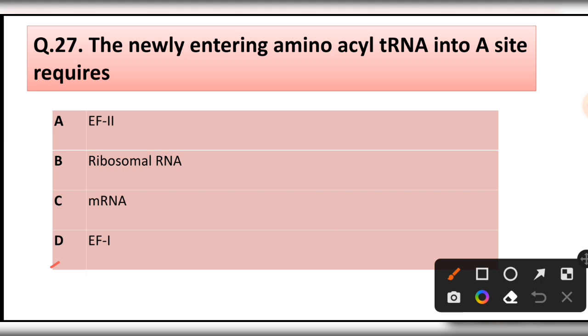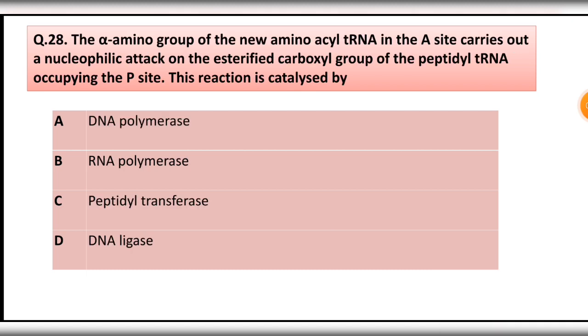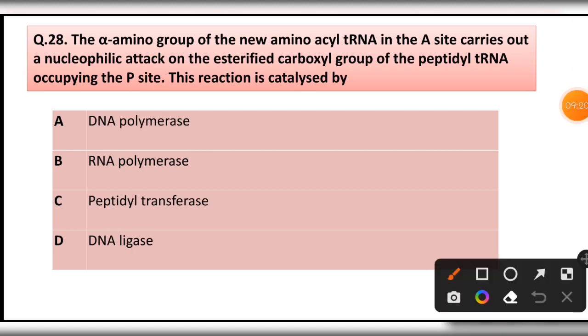Correct answer is option D, elongation factor 1. 28. The alpha amino group of new amino acid tRNA in the A site carries out a nucleophilic attack on the esterified carboxylic group of the peptidyl tRNA occupying the P site. The reaction is catalyzed by DNA polymerase, RNA polymerase, peptidyl transferase, DNA lipase. Correct answer is option C, peptidyl transferase.